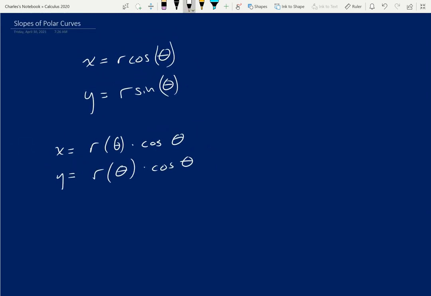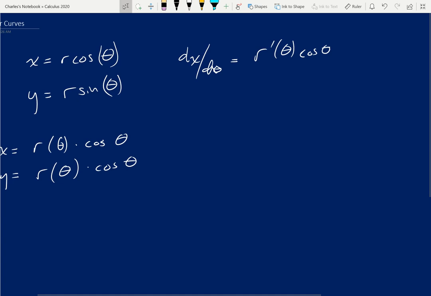So what are we going to be looking for? Well, we're going to need dx d theta. Dx d theta is going to be, using the product rule, r prime theta cosine theta plus r theta sine theta.